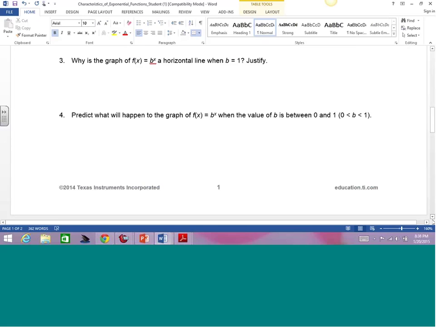Justify and predict, justify and predict, explain. Those are now crucial for our students' success, because they really have to not just do the computation, but then explain how they arrived at their answer and why it's appropriate, and prove it. Usually when some kids hear the word prove, they think geometric proofs, but that's not necessarily what we're talking about anymore.